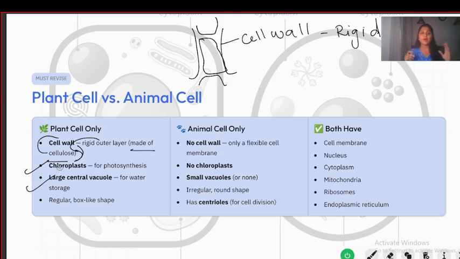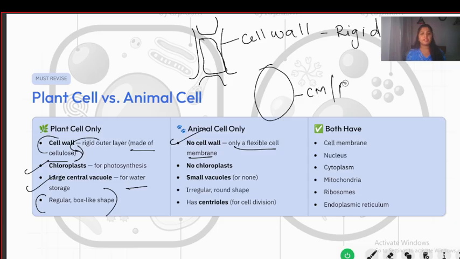It also contains chloroplast, which is essential for photosynthesis. They have large vacuoles, a central vacuole for water storage and food storage, and a regular box-like shape. Then animal cell, no cell wall. In animal cell, there will be no cell wall present. Only a flexible cell membrane, or plasma membrane as it is also called, will be present.